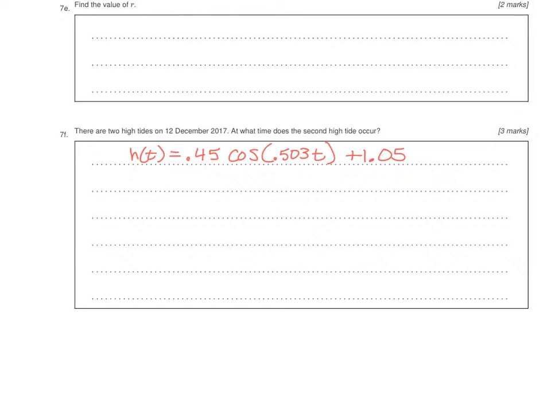Okay, so when we look at this, here is the equation that we wrote with P, Q, and R. And it says there are 2 high tides on December 12th. What time does the second high tide occur? Well, they tell us that when t equals 0, when they're starting this, it's 2100 hours on December 10th, which means it's 3 hours until the end of the day, until midnight on December 10th.